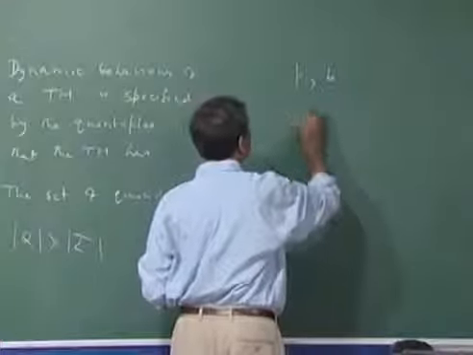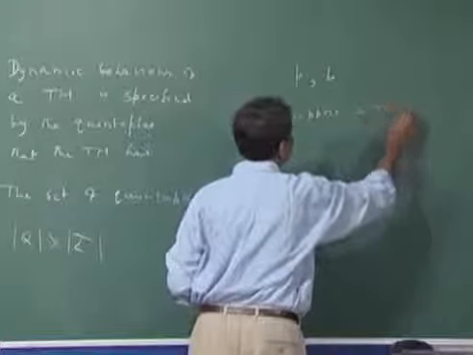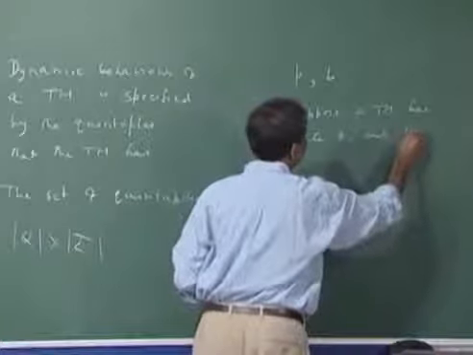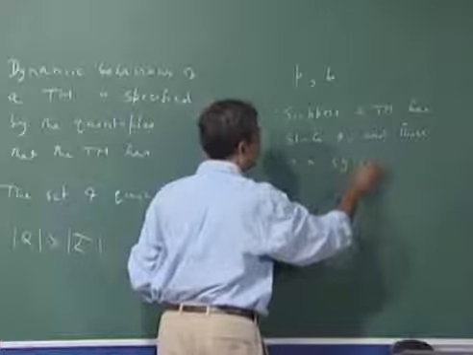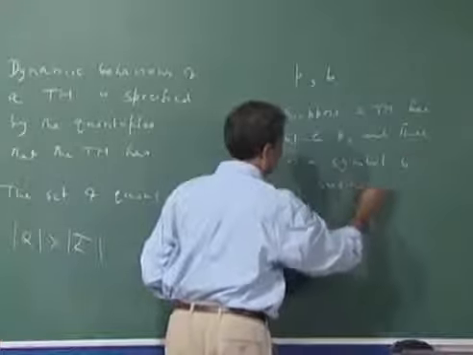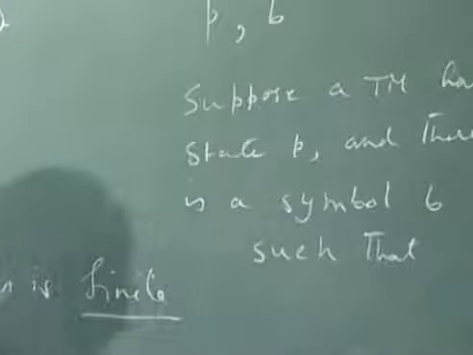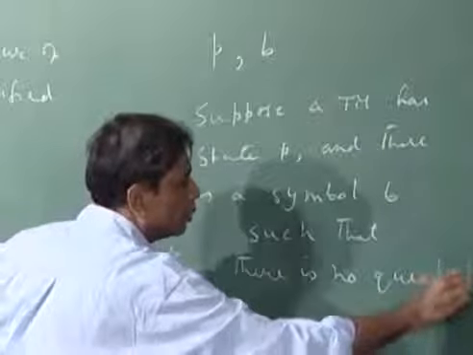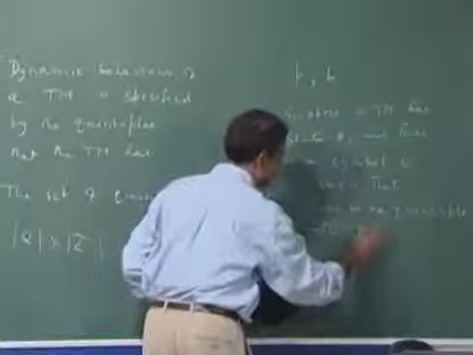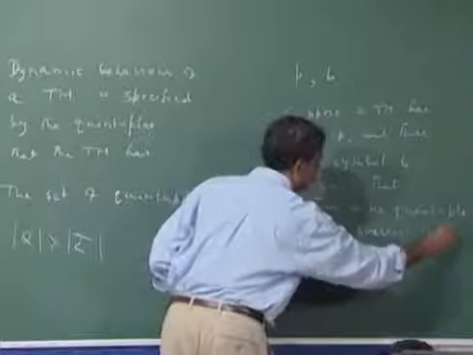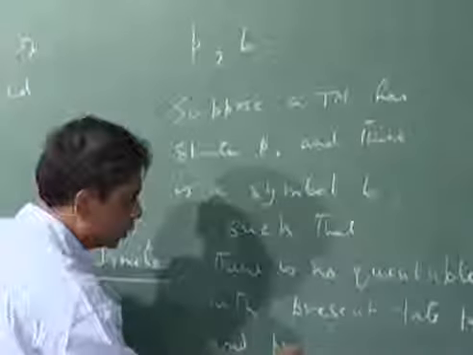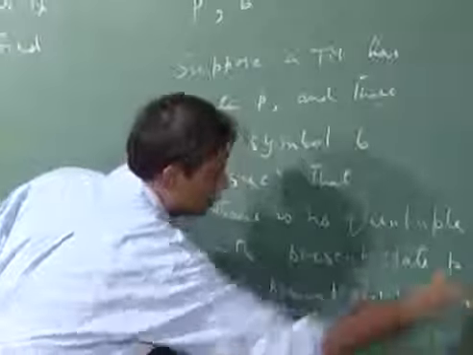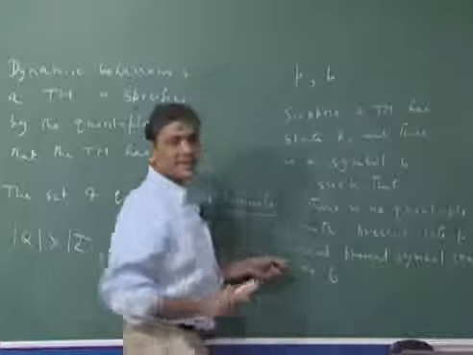So let us write it. Suppose a Turing machine has state P and there is a symbol B such that there is no quintuple with present state P and present symbol scanned as B. Supposing this is the case, that means what?